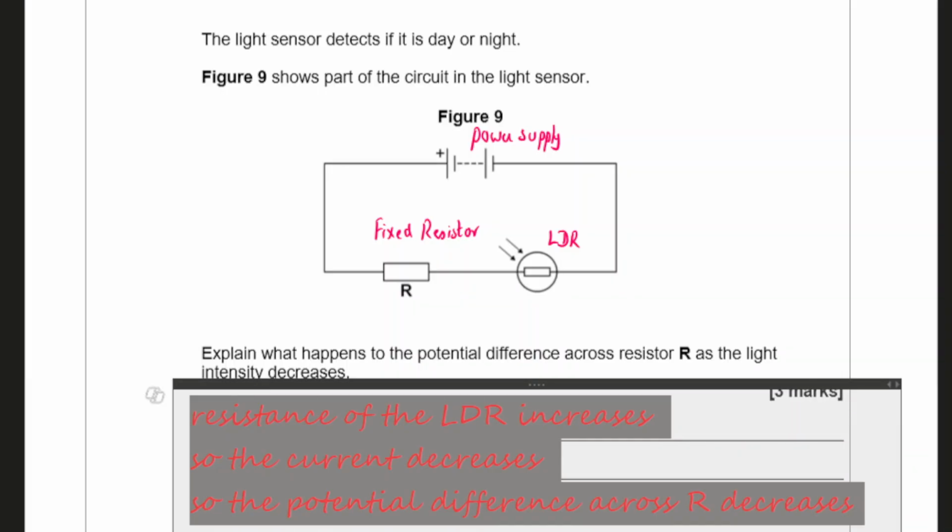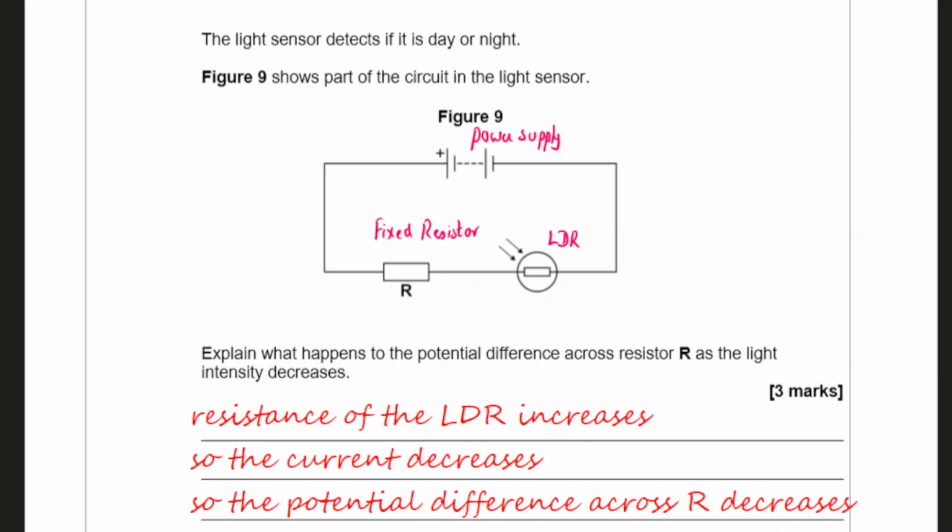Marking scheme answer: resistance of the LDR increases, so the current decreases, which means the potential difference across R, capital R, decreases.